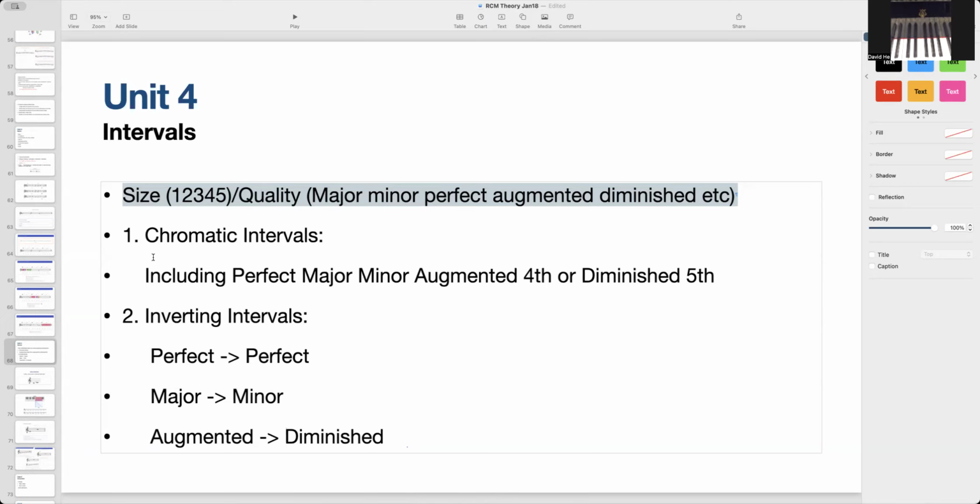Another part in this musicianship part is intervals. The examiner is going to play, for example, 3 to 4 groups of intervals and let you say the name of these intervals. So you have to say the quality and size.